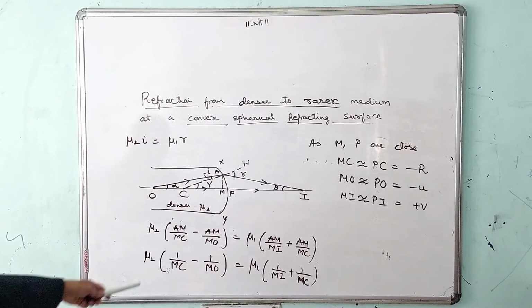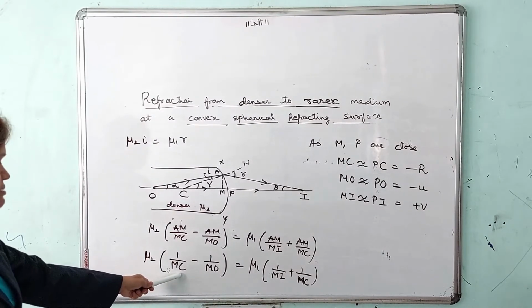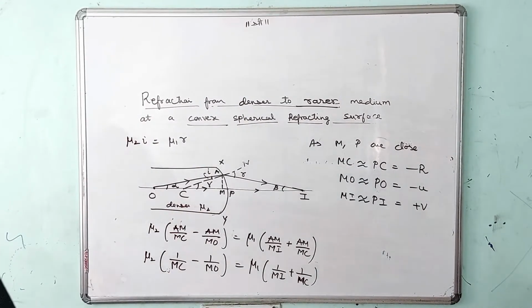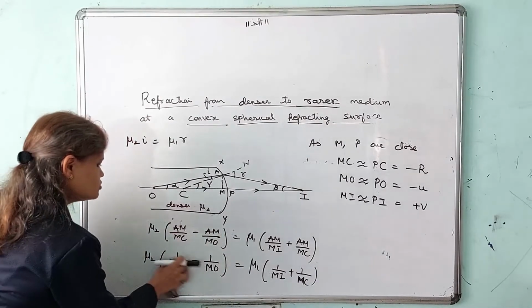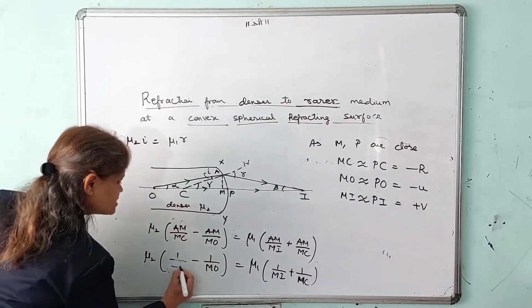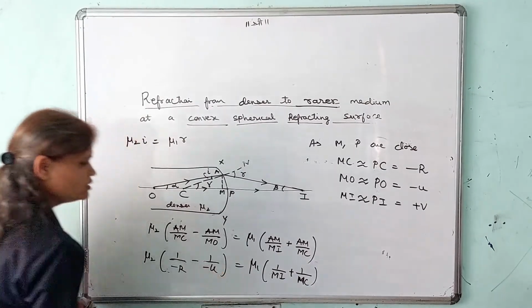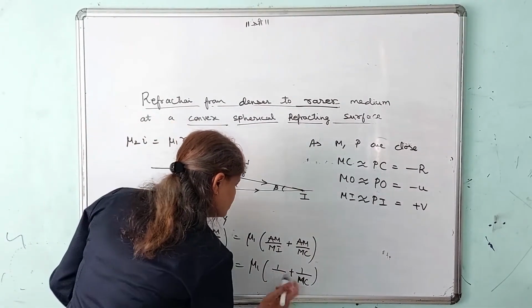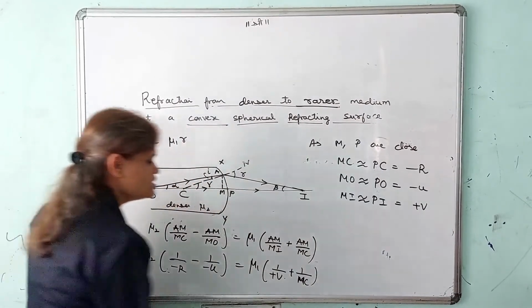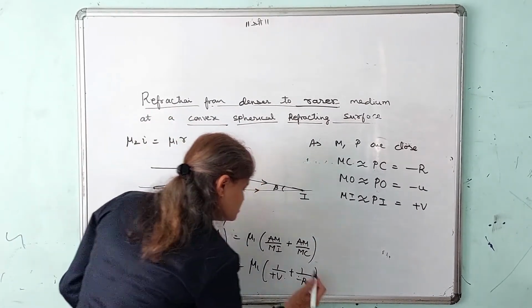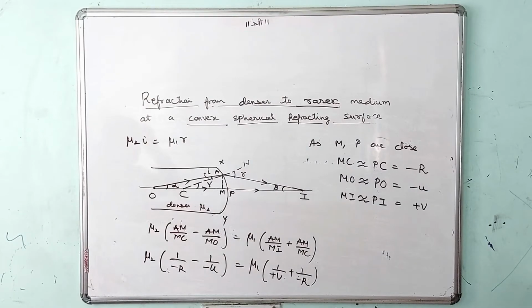Now we are going to substitute all this. MC is PC, which is minus R. MO is PO, which is minus u. MI is PI, which is plus v. Once you substitute all this, you open the bracket.